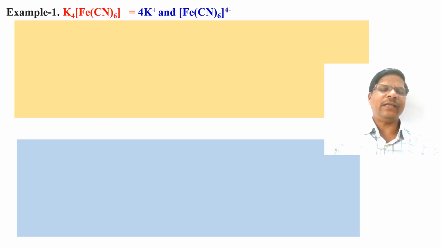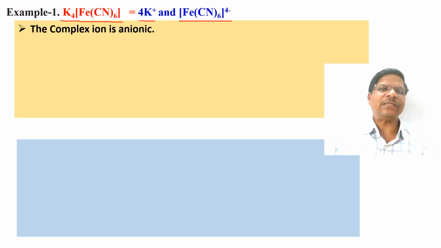Okay, now we'll see the examples. Okay, how to give the IUPAC name. So the very first example, K4[Fe(CN)6]. So if you have seen the coordination compound, 4K+ are the cations ionically bonded to the complex anion [Fe(CN)6]4-. So the rule says that we must write down the name of potassium first.